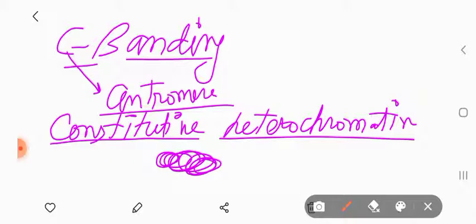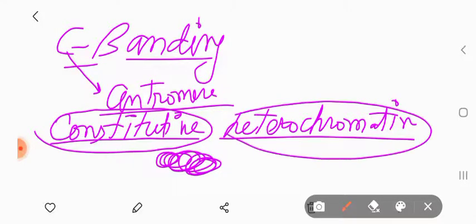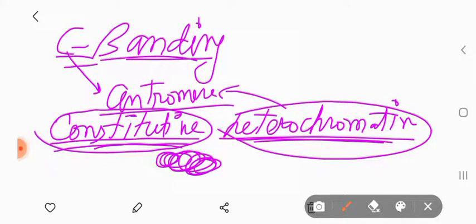So constitutive heterochromatin are the gene poor regions. These regions permanently remain inactive, and these constitutive heterochromatin are located close to the centromeric regions. So to stain this constitutive heterochromatin, we go for the C banding technique. In C banding, we stain the constitutive heterochromatin, which are permanently, genetically inactive regions of DNA, and it is used nowadays for diagnostic purposes.